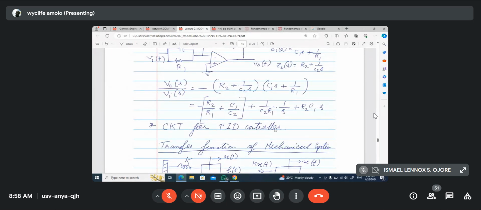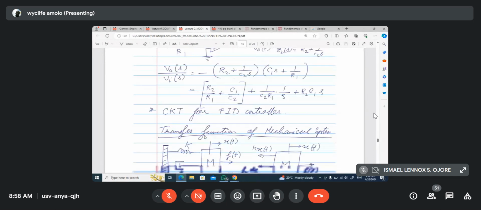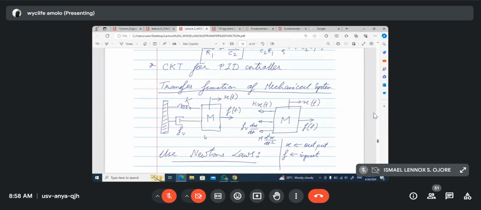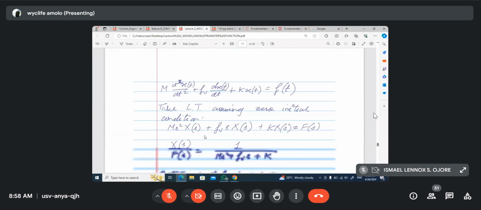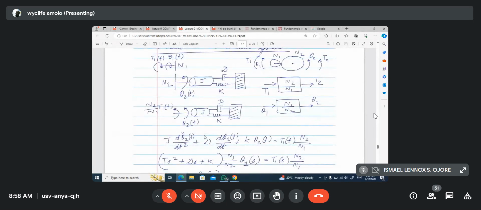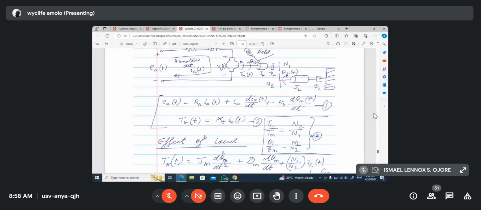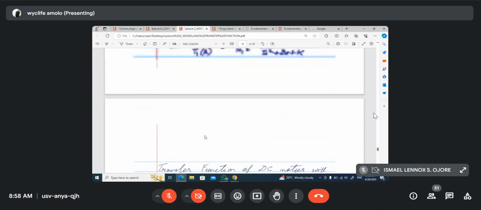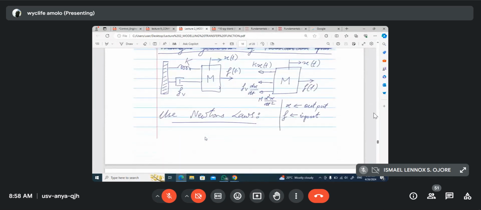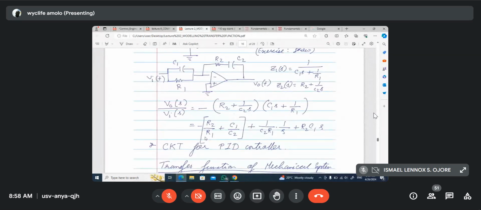So the circuit for the PID transfer function, you shall have the three of them.